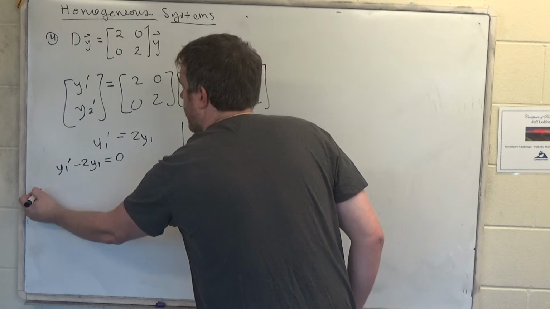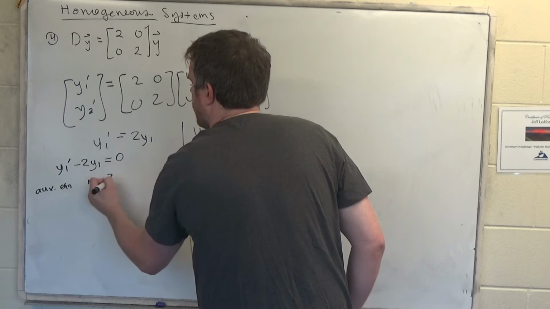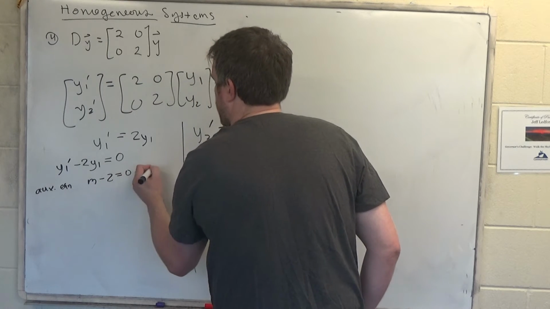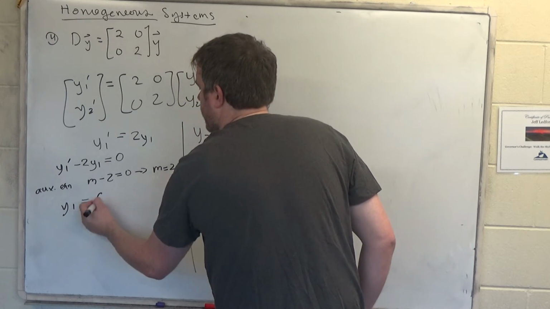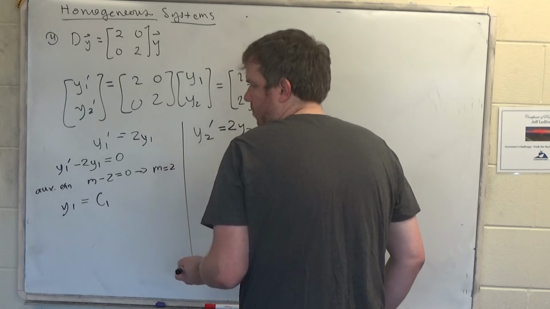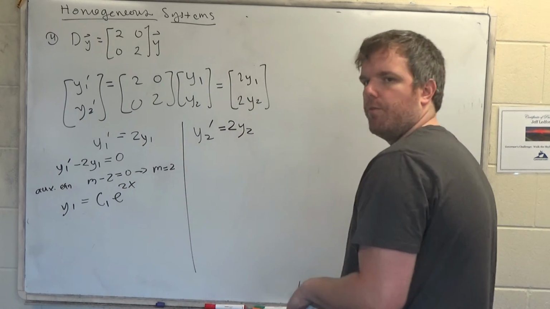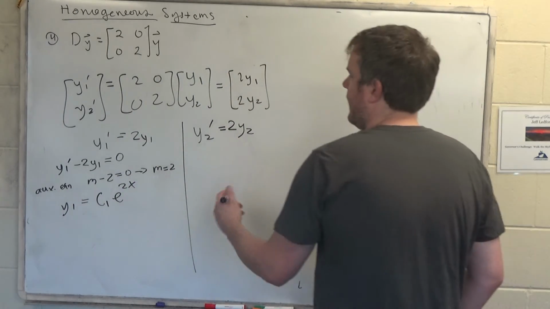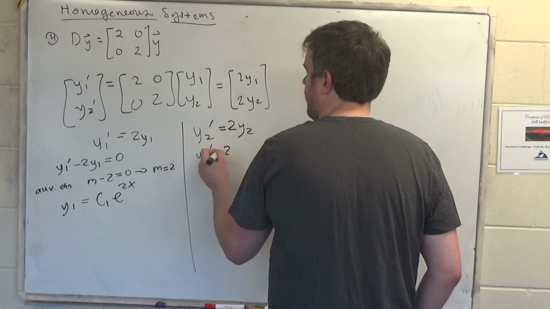The auxiliary equation is going to be m minus 2 equals 0, which tells us that m equals 2. So that y1 should be c1 e to the 2x, or t, or whatever variable you want to use. And y2 here, it's exactly the same.